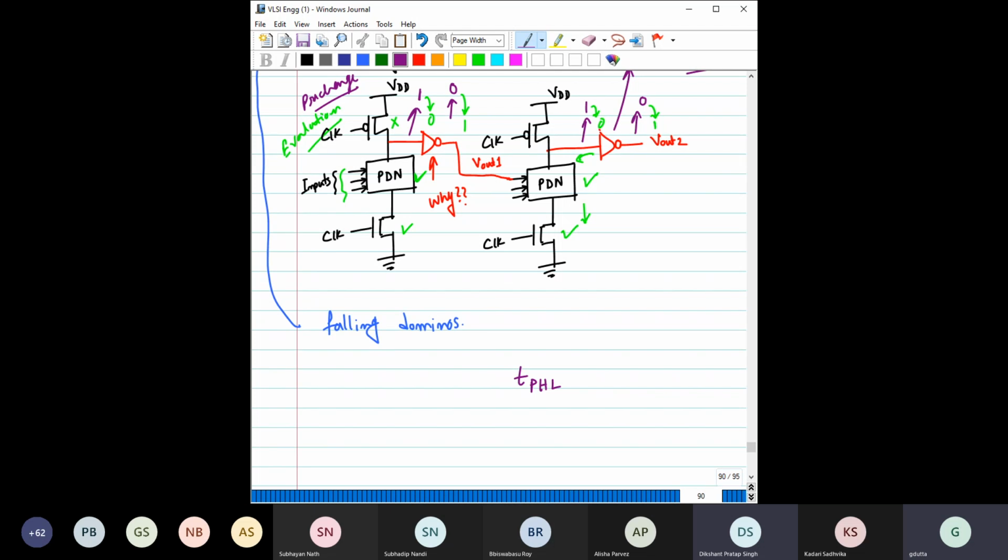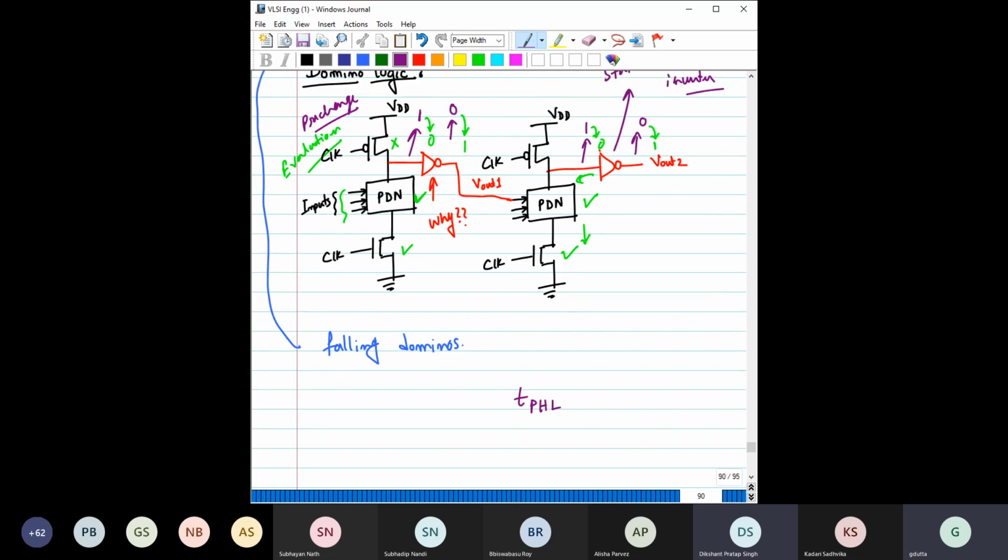So what is the propagation delay high to low, or what do you expect at least, for this type of domino logic?